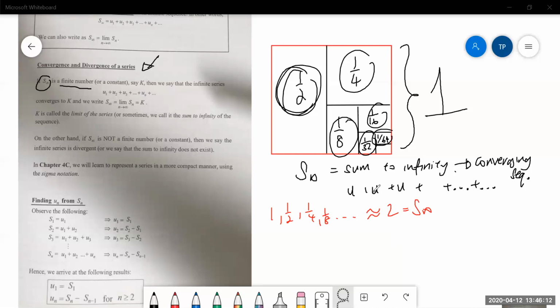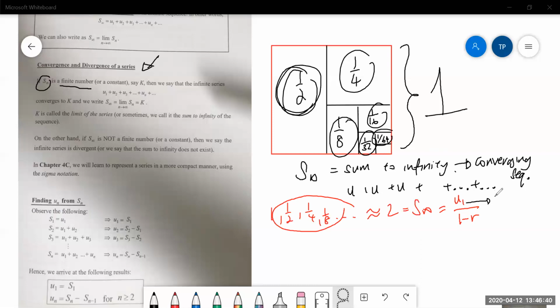There's a shortcut, because it will not always be in this order. It's not always times half, times half, times half. It can be times 1/3 or times 1/4. Then how are we going to know? So the formula is U1 over 1 minus R. What is U1? The first term.